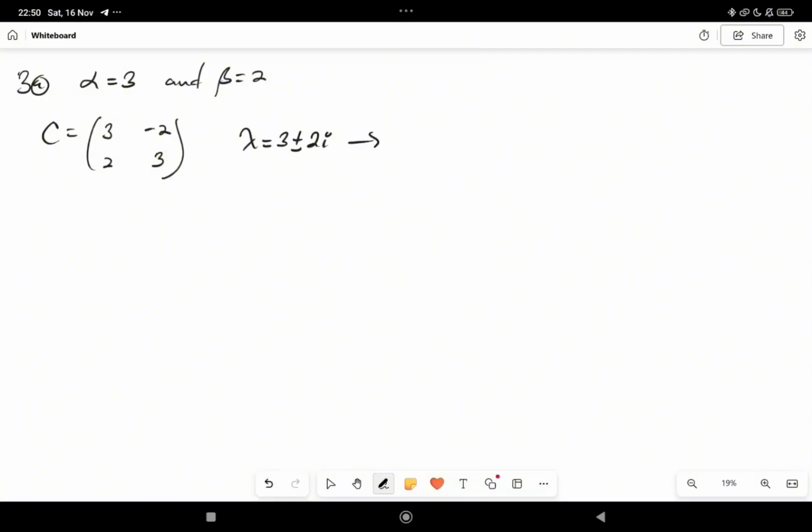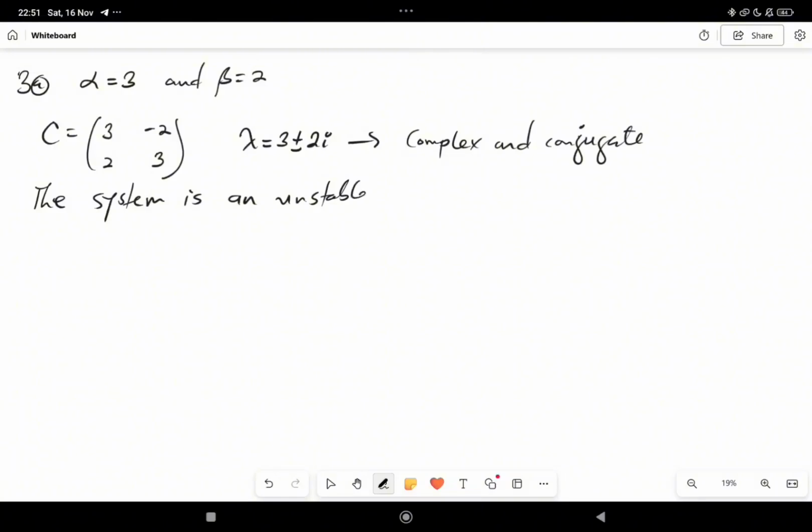Our eigenvalues are composed of the complex and complex conjugate. So the complex and complex conjugate are our eigenvalues. We also write the behavior of the system. So the system is an unstable focus at the origin.